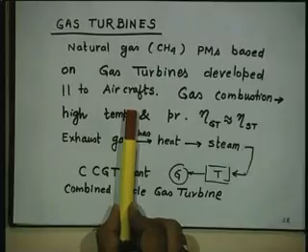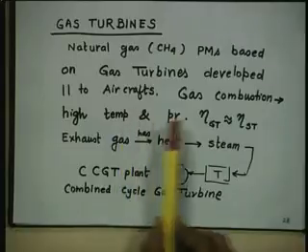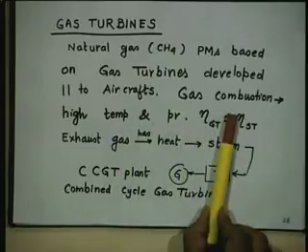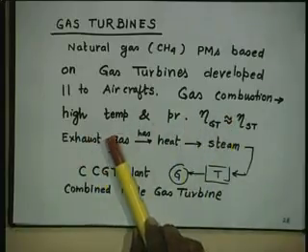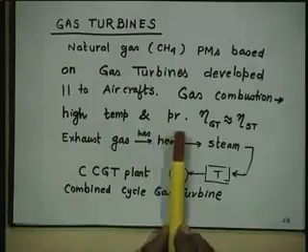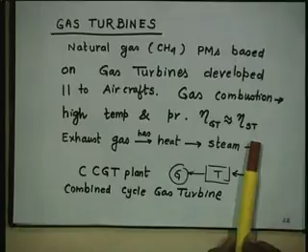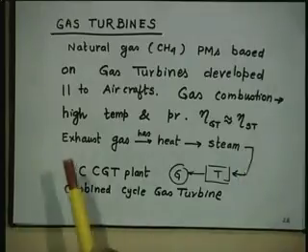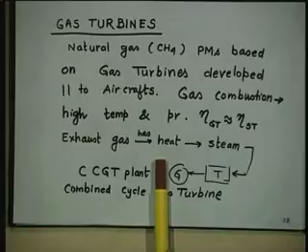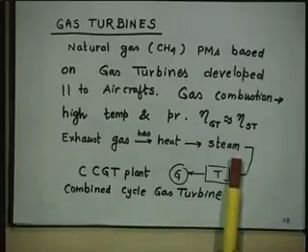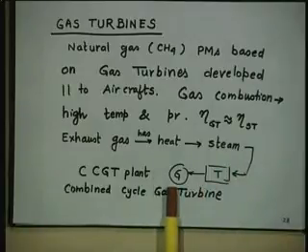Imagine how much power that gas gives when you use that fuel. Gas combustion is having a higher temperature and higher pressure. Efficiency of gas turbine is roughly same as efficiency of steam turbine. Exhaust gas has heat which will produce steam, turbine and generation.